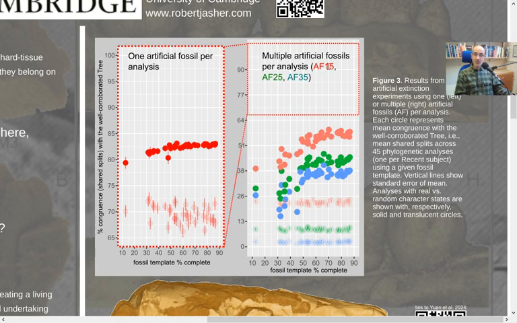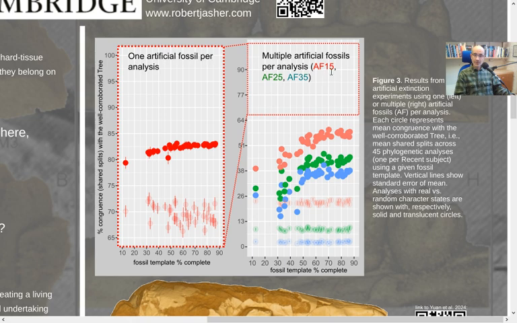So I did 3 other analyses in which there are 15 artificial fossils, so taking Dromaeosaurus and Erinaceus and Medoqua and Hippopotamus and all these different extant subjects, deleted their non-fossilizable data, just using the real character states present in a given fossil template.